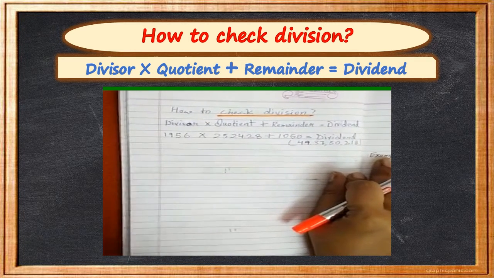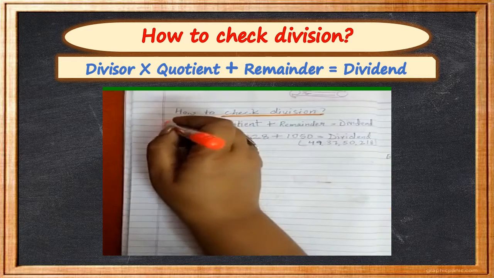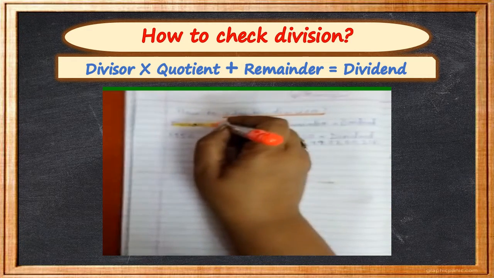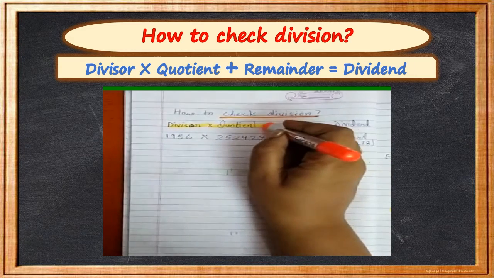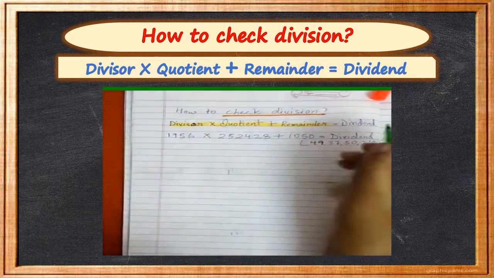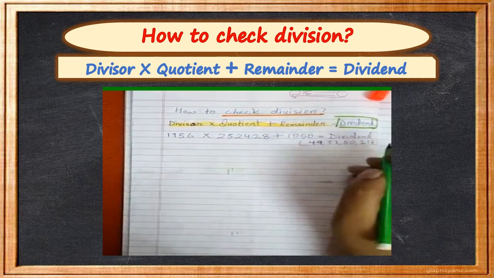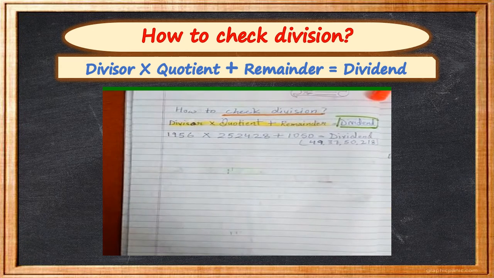So the formula is: divisor into quotient plus remainder. Yes children, what do we get? We get dividend. And if we get the exact dividend, then our division is right.